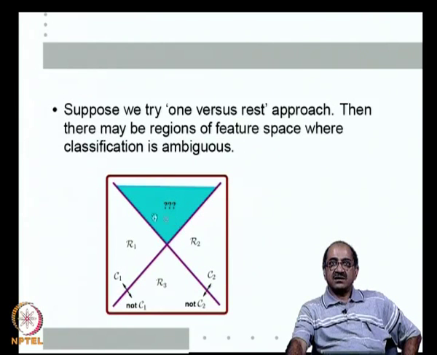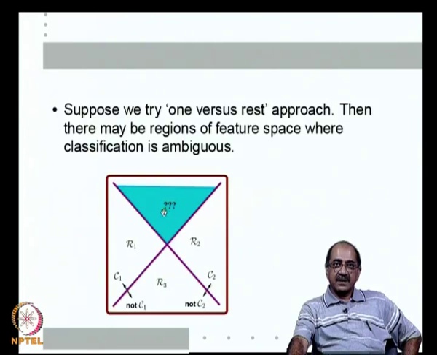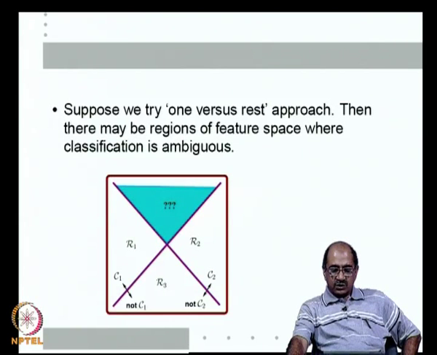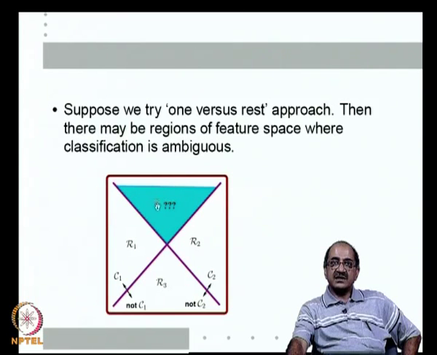These points are on the side of C2 as well as the side of C1, so the thing is not clear. So, there will always be regions in the feature space where the classification is not defined, because ultimately the classifier has to be a function of the feature space. This is not fully satisfactory.